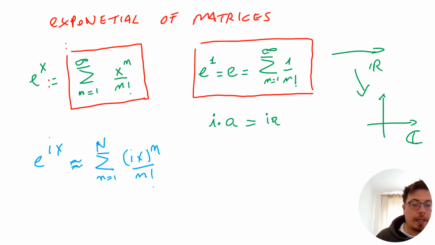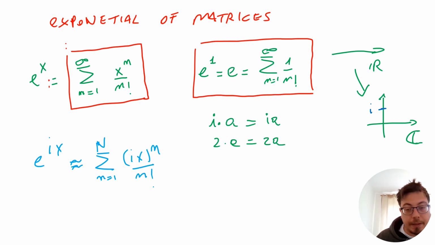It's just like when you multiply 2 times a. i is this special number on the vertical axis in the complex domain, and it behaves like a coefficient in front of any real number.